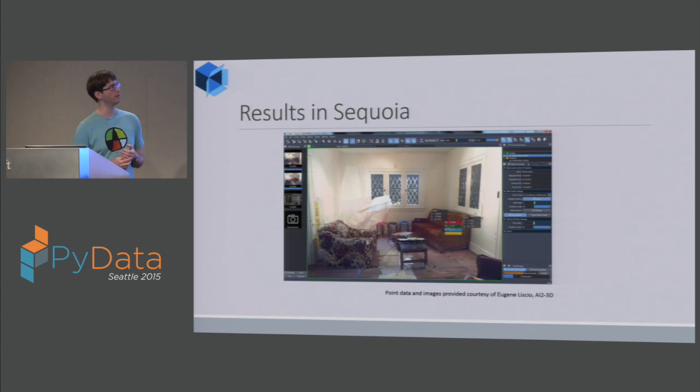This is a screenshot of Sequoia. We've got a viewport, so you can see information about the points you've loaded, and some niceties for just dealing with point clouds.